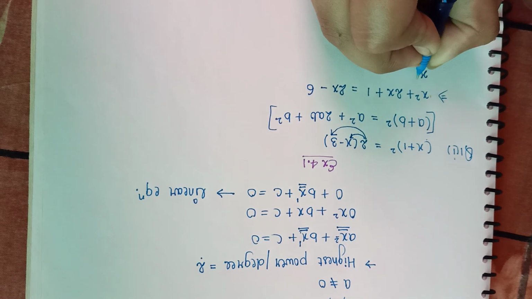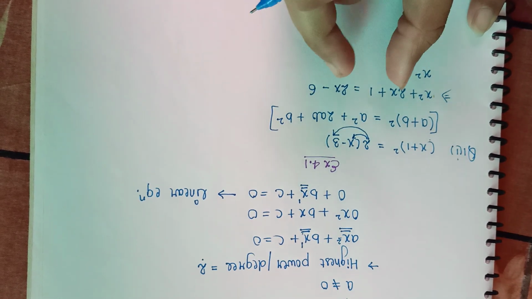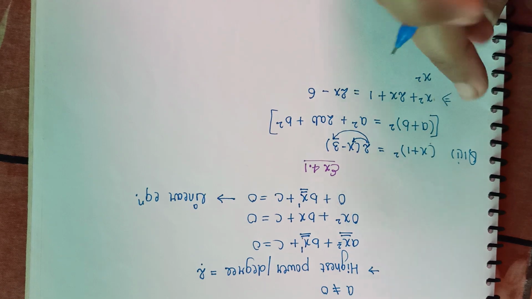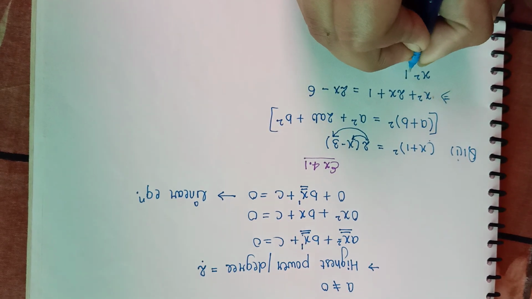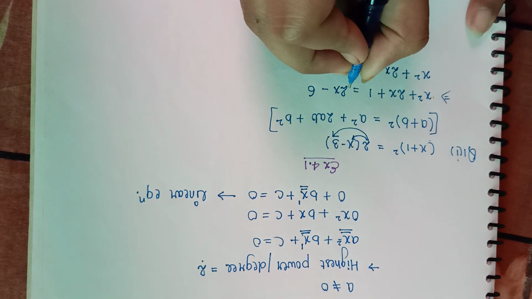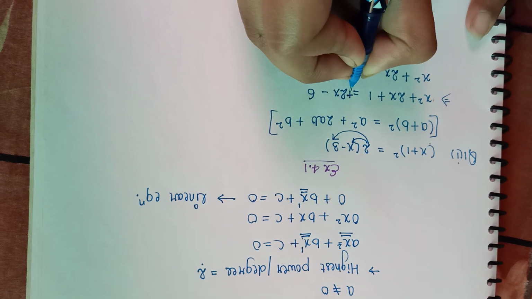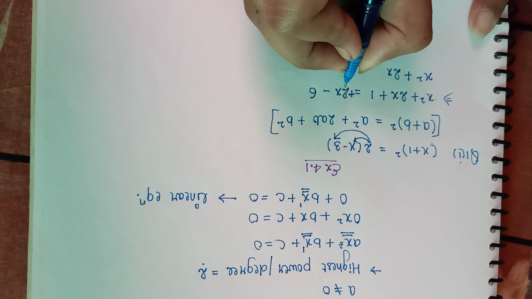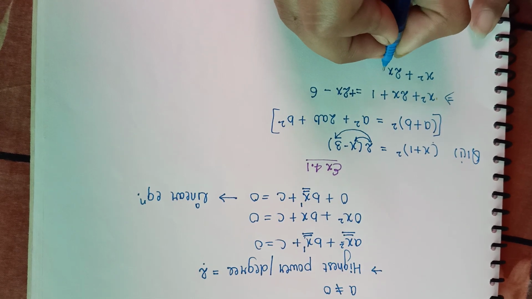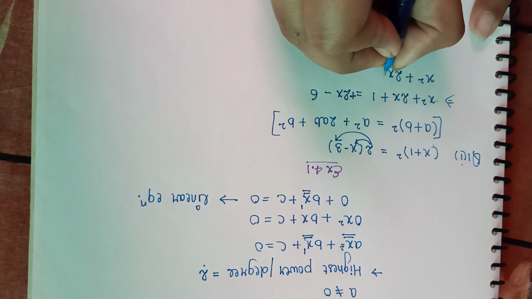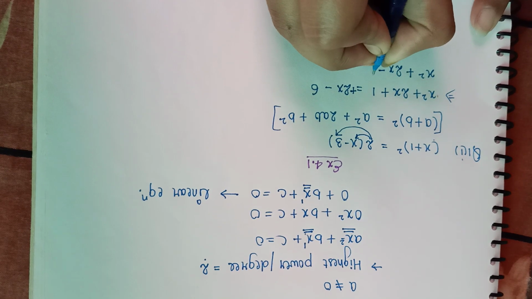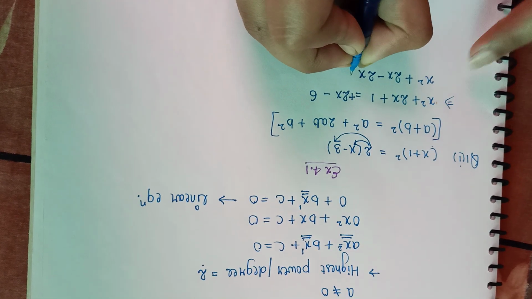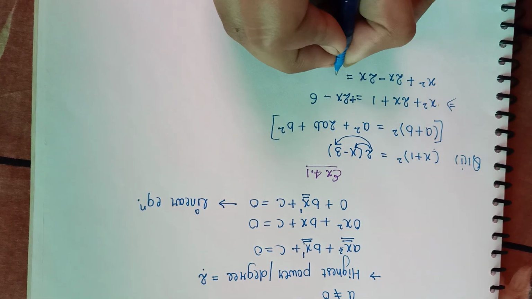Now we are going to separate x. We are moving x to the left hand side. Here it carries the sign plus, and whenever it moves to the left hand side, the sign becomes opposite. So it becomes minus 2x equals to minus 6.